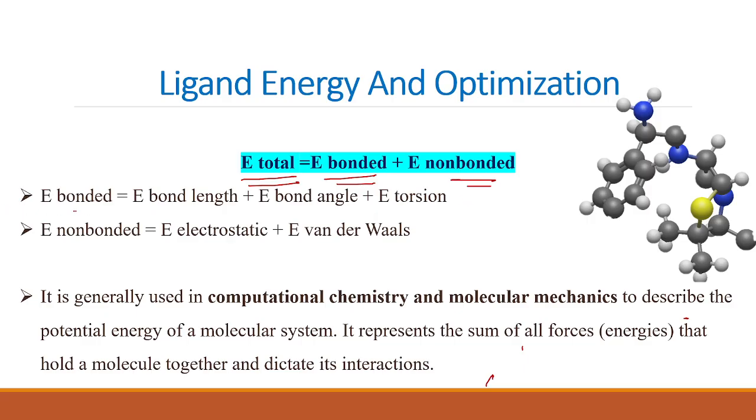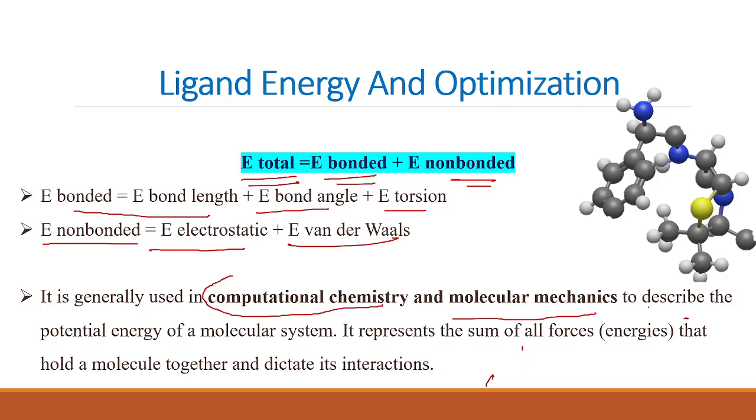Bonded contains the bond length, bond angle, torsion, while the non-bonded are the electrostatic interaction, van der Waals interaction, all these things. It is generally used in computational chemistry and molecular mechanics to describe the potential energy of a molecular system.